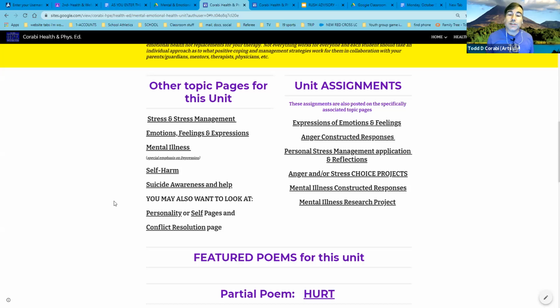There's a lot of really good information nowadays, within the last 5 years for sure, but within the last 10 years, talking about positive awareness of the unfortunate epidemic of suicide. Please remember that it's the second leading cause of death for people ages 14 to, I believe, 35. You can look at the data from our second health class when we were talking about the top 10 leading causes of death in the United States.